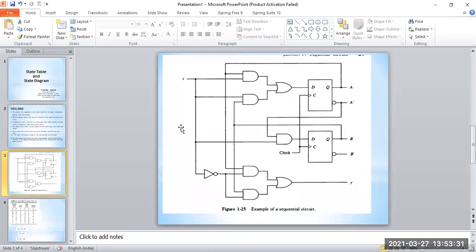This is the sequential circuit which we are talking about, which has an input X, an output Y, and flip-flops DA and DB. When we combine all these together, it becomes a sequential circuit. In the previous class, we saw how to derive a state equation using this diagram.